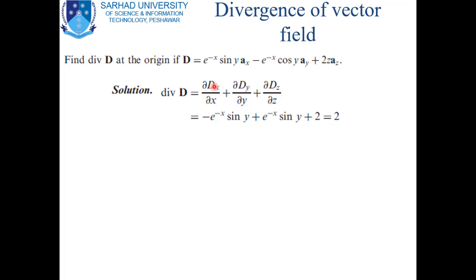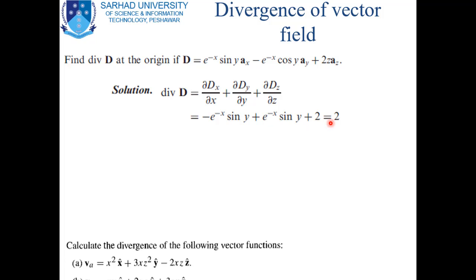Here we put the x component of D, here only the y component of D, and here only the z component of D. After the partial derivatives, we have minus e to the power minus x sin y plus e to the power minus x sin y plus 2, and these terms cancel, leaving only 2. So the divergence of D is 2.